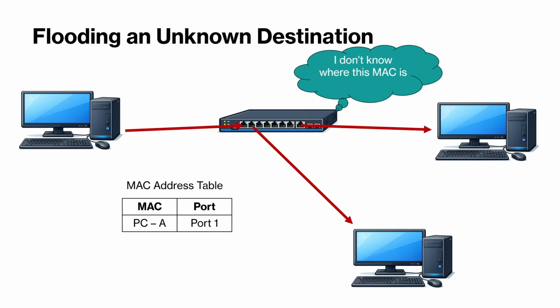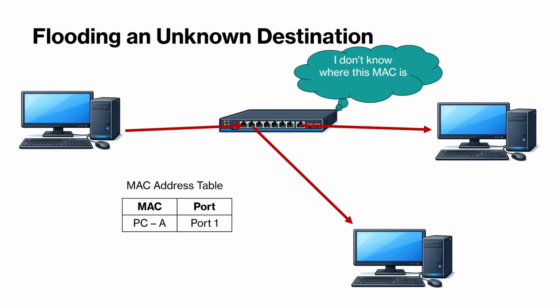But switches don't always get the perfect situation. What if the destination MAC is not in the table? This is where people panic and think something is broken. But it's not broken, it's expected. The switch is in a situation where it must deliver the frame, but it doesn't know where the destination lives. So it chooses the only method that guarantees delivery. It copies the frame out of every port except the one it came in on. This is called flooding.